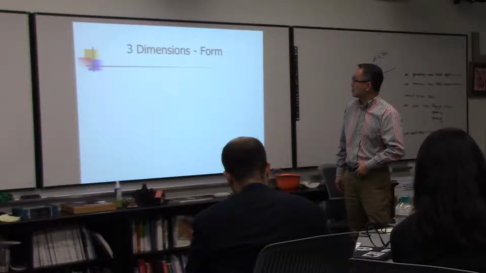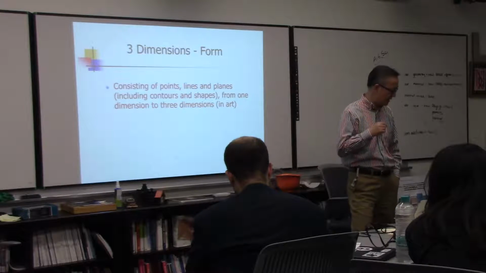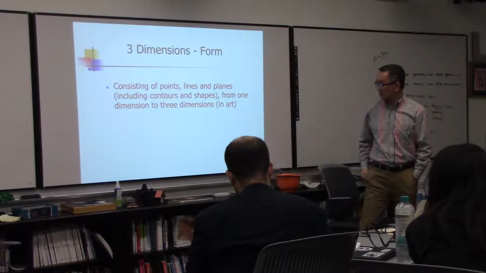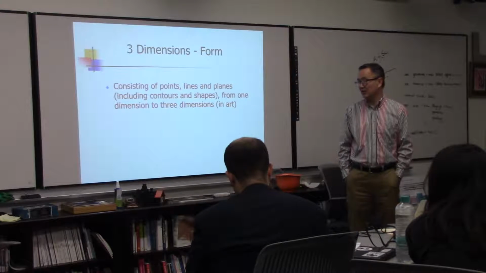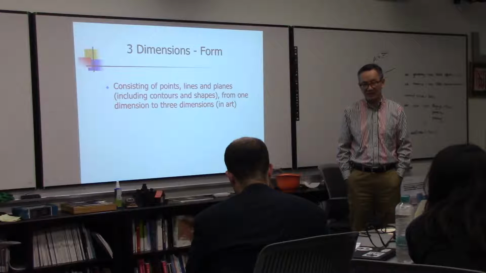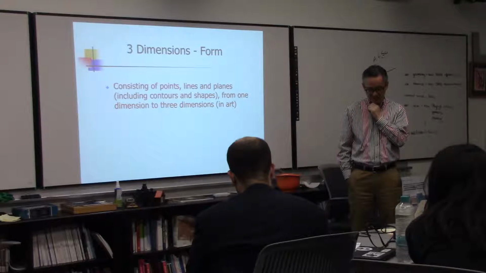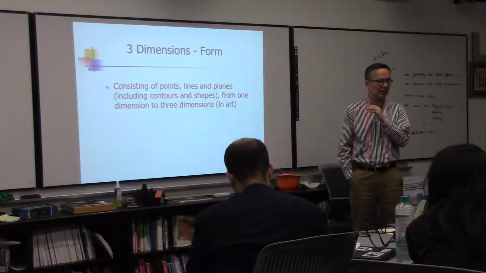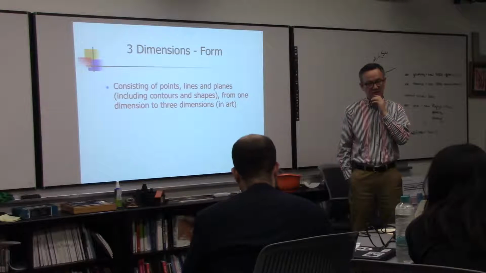Now, 3 dimensions. The first one is form. I extracted this knowledge from Kandinsky's theoretical books. I read his first book, called Point and Line to Plane, twice. I think he talks about compositions and forms and so on.